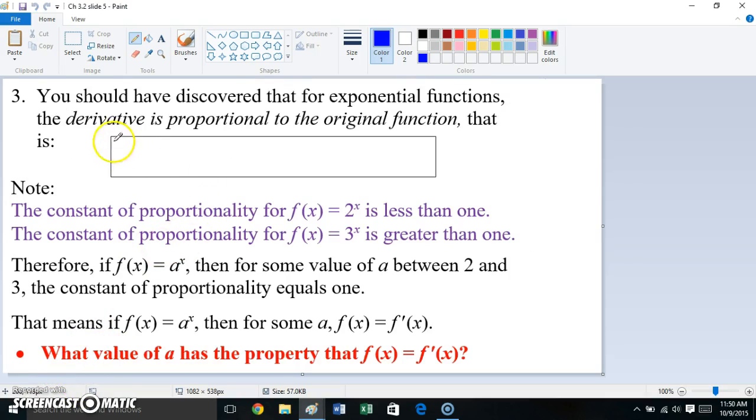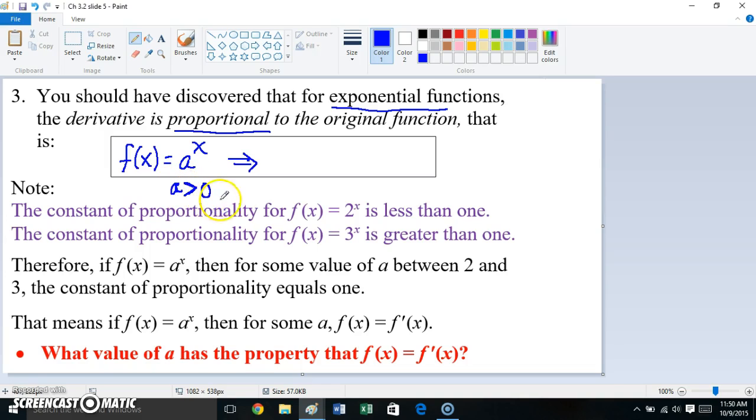So we could say that the derivative of an exponential function is proportional to the original function. That's what we're talking about. If we say f of x equals a to the x, where a is some real number, actually, let me say that a is greater than 0.